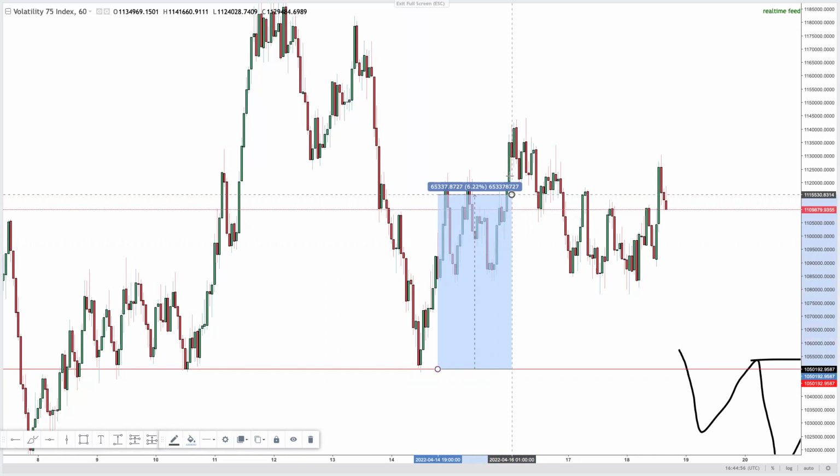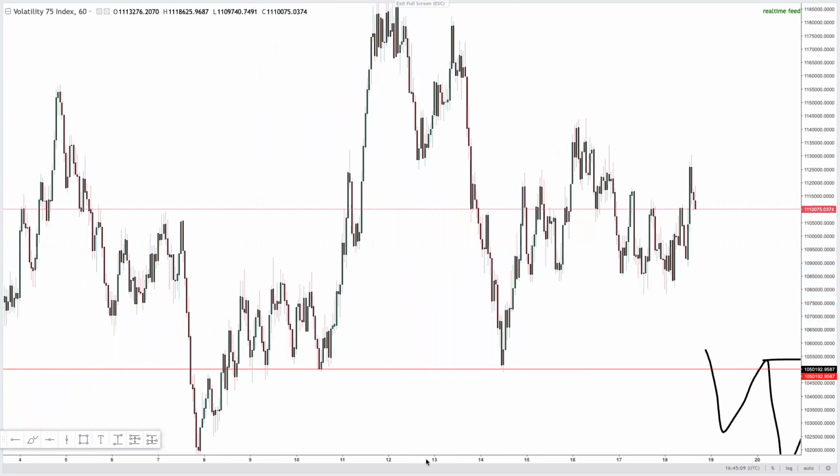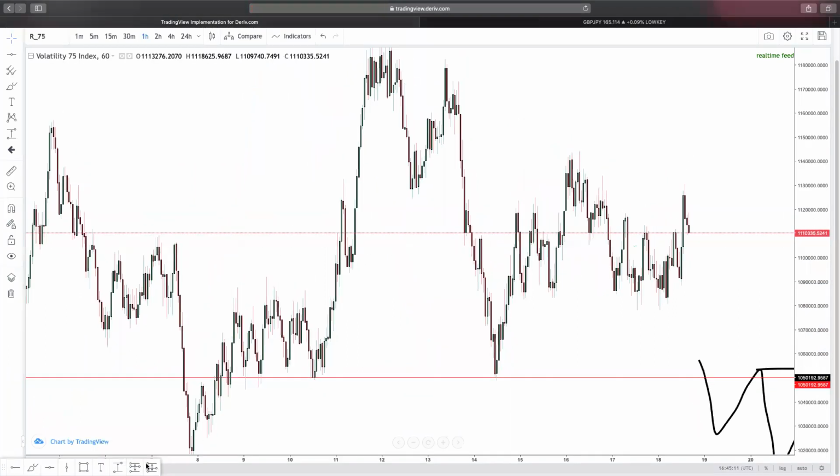I'll be holding while taking some profits, closing some positions. So that's how we usually manage our trades in the long run.